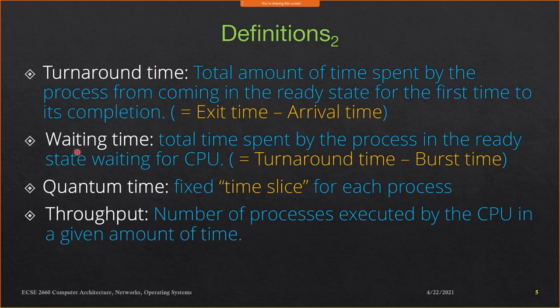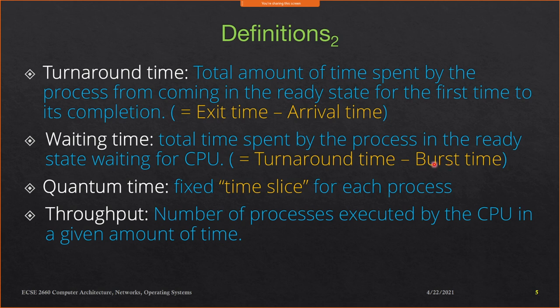That's turnaround. Waiting time is the total time that is spent by a process in the ready state, waiting for the CPU. Now, this might happen once or it might happen many times, where a process needs to wait in the waiting state. So altogether, the total time spent by a process in the waiting state is your CPU waiting time. And you can calculate this using the turnaround time, which is turnaround time minus the burst time.